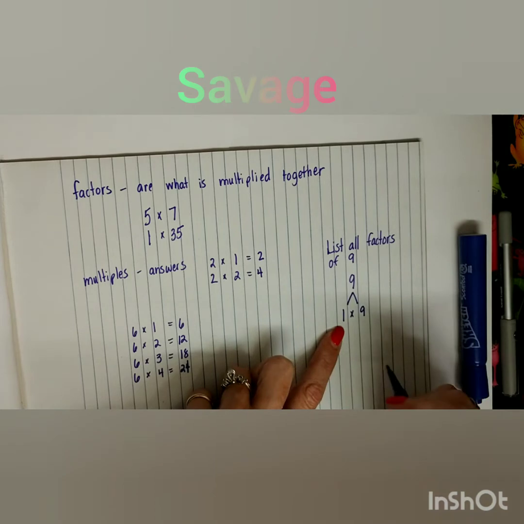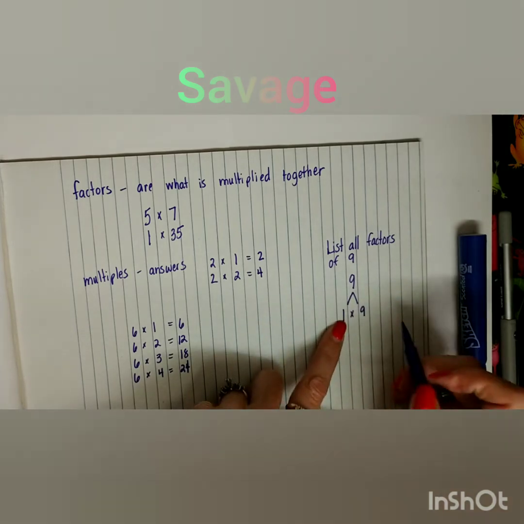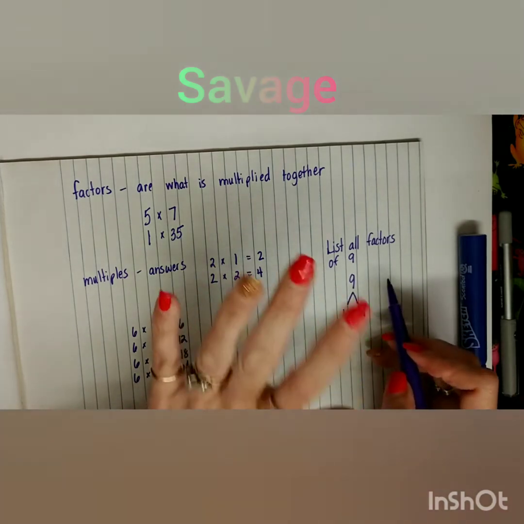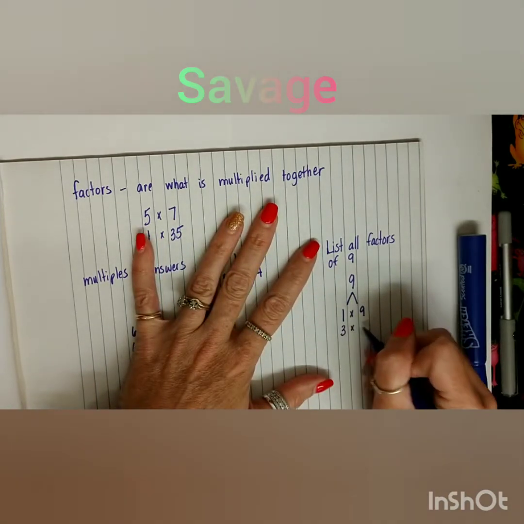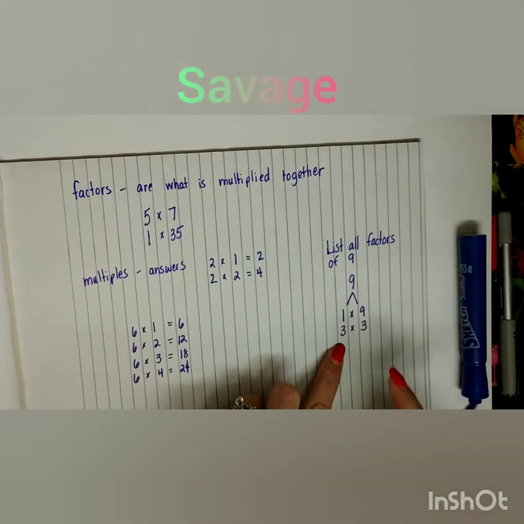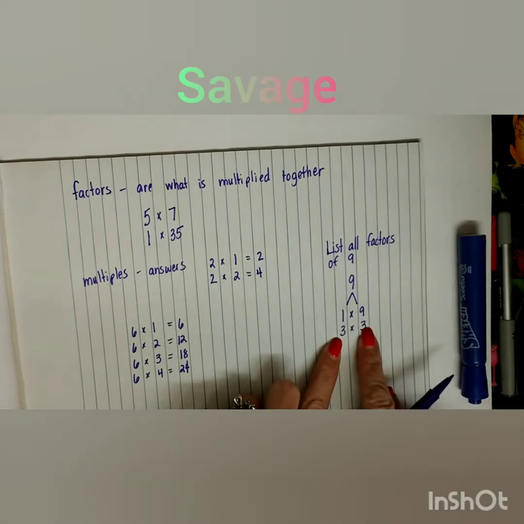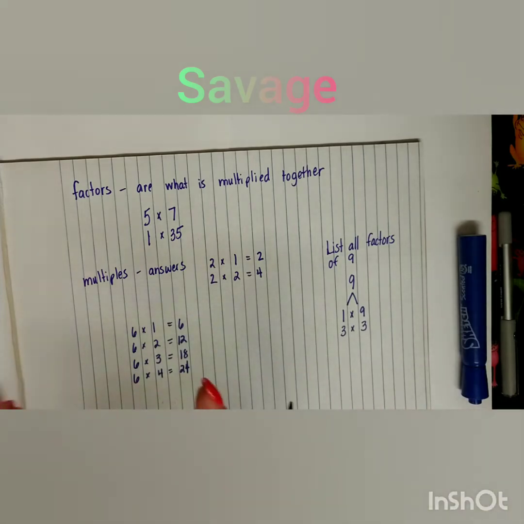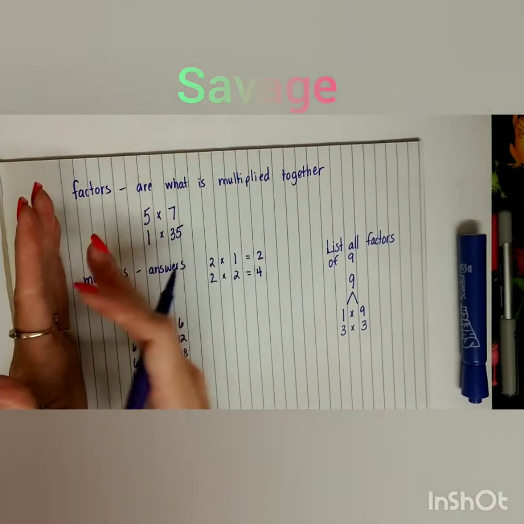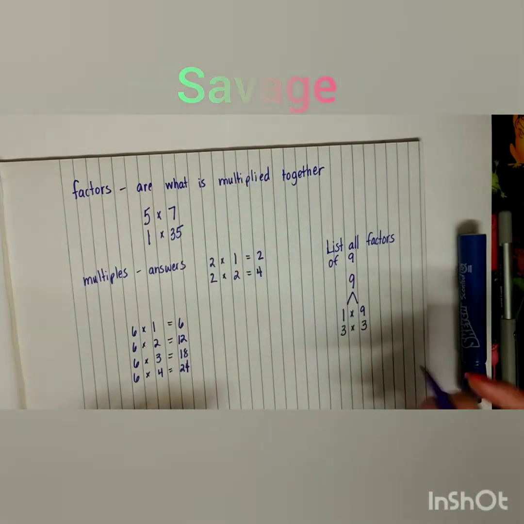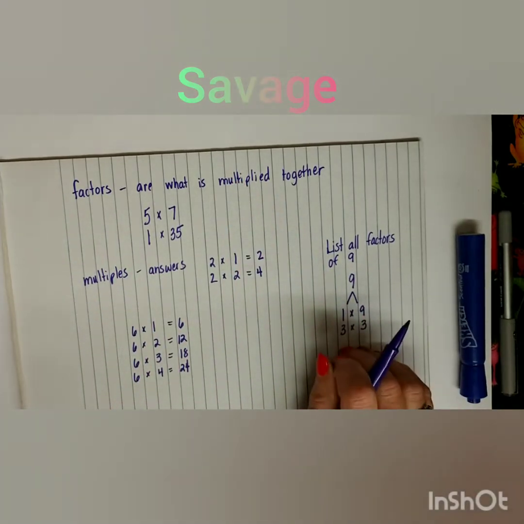Now is there anything times 2? It's not an even number, so it can't be a 2. 3 times 3 equals 9. I can stop there because it's a repeating digit. Once you're repeating, or once you're a factor next to a factor, like 3 times 4, there's no more. That's how I determine my factors.